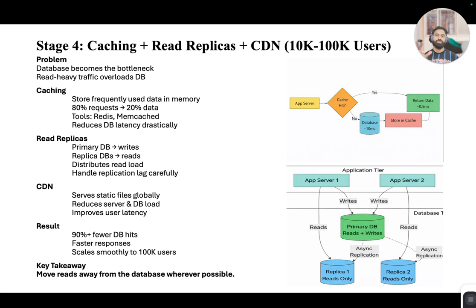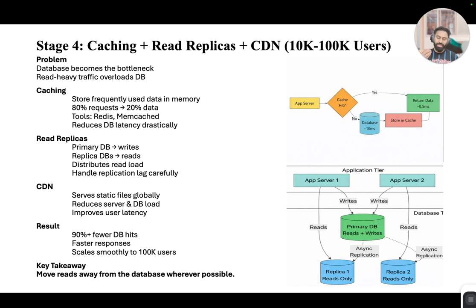The request goes to the Tokyo CDN edge, because the CDN is there in Tokyo. If it is cached, then the server will return it instantly. If not, then it will fetch from the origin once and store it at the edge for future users, right? So the next request from Tokyo is very fast, because now that static file is there in the Tokyo location.